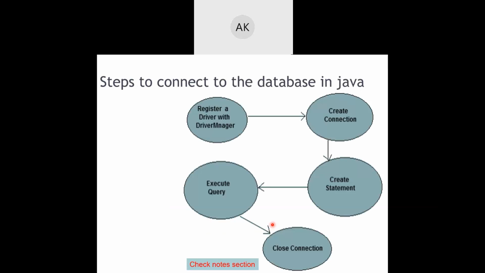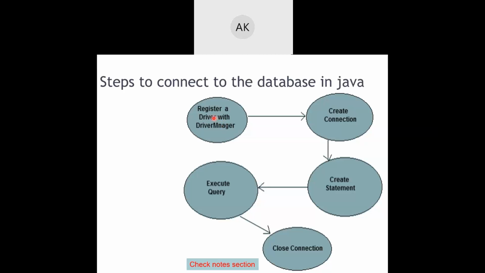Now let us concentrate on how we connect to the database in a Java program. This is a very important point that you should concentrate on. To make you easily understand it, I have given you a diagrammatic flow instead of writing the steps one after the other. First, you need to acquire a driver from the driver manager.